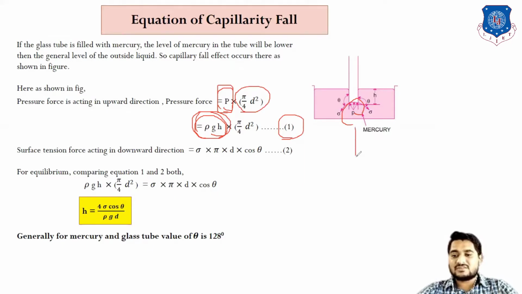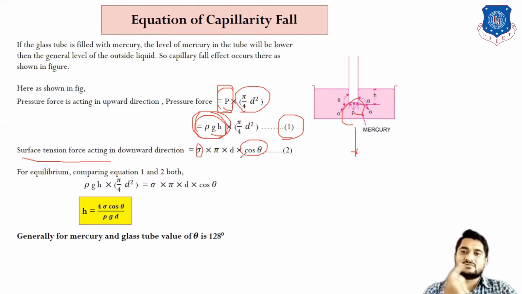Then the next one is the downward force, surface tension. The surface tension force acting in the downward direction is equal to sigma cos theta, that is the component, and surface tension acts on the circumference only. So sigma cos theta into circumference pi into d. That is equation 2. If we balance both equations in equilibrium, then we get h is equal to 4 sigma cos theta divided by rho g d.